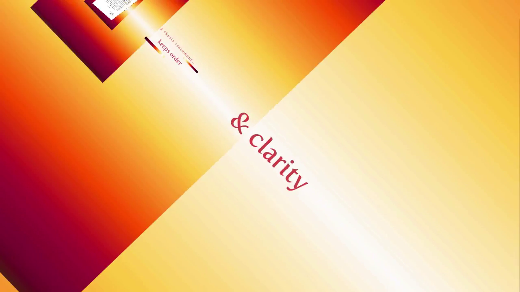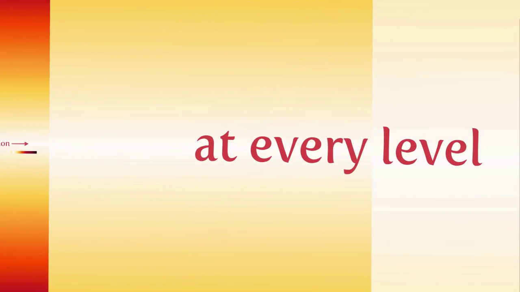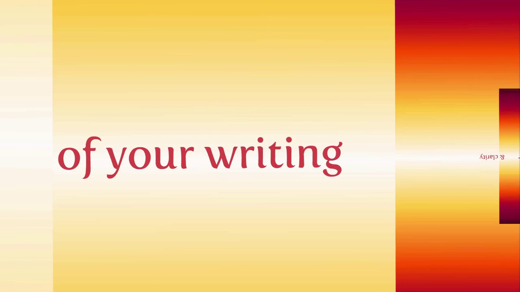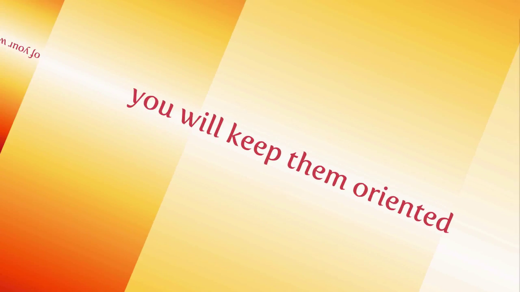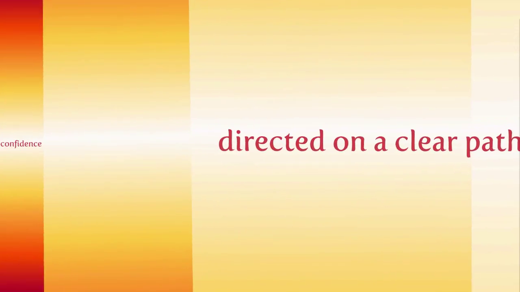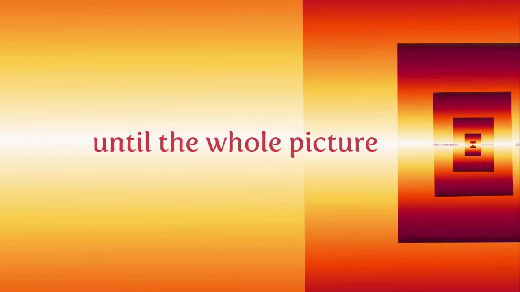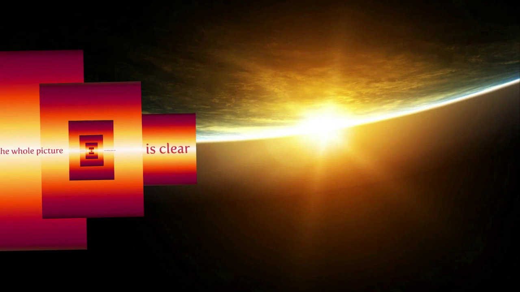If people complain about writing not being clear, it's often due to the fact that the thesis statement has not been well constructed. And also, it keeps clarity across many different levels. So not just in the first paragraph, but at every point in the writing, you always know where you're at. Whatever part of your writing you're at, it gives readers confidence that you'll keep them oriented and directed on a clear path until the entire picture is clear.